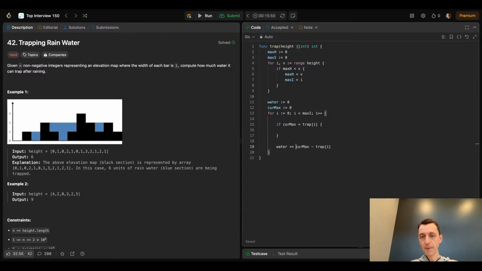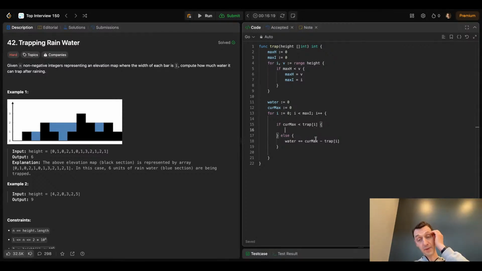But if we have a situation when the wall is higher than the previous, this happens only then, and we update current.